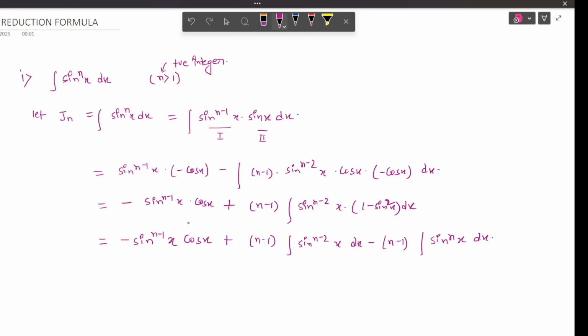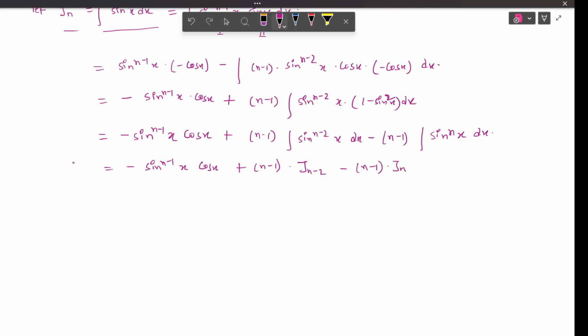Now if you notice, our Jn is integration sine to the power nx dx. So sine to the power n minus 2 x dx would be Jn minus 2. So this would be minus sine to the power n minus 1 x cosine of x plus n minus 1 Jn minus 2 minus n minus 1 into Jn.